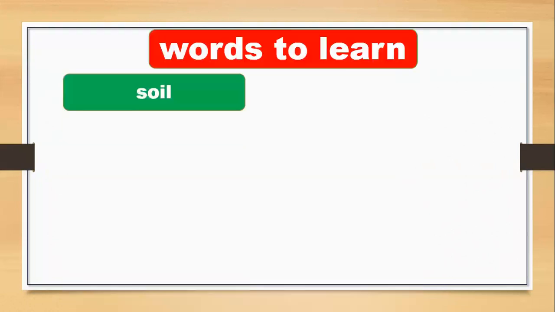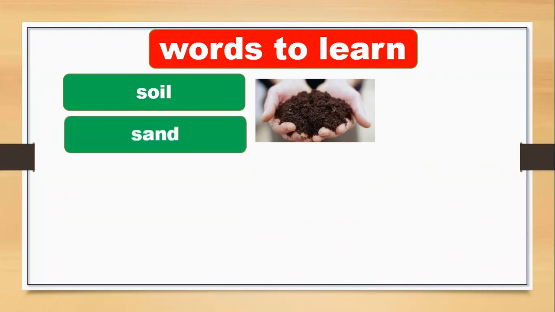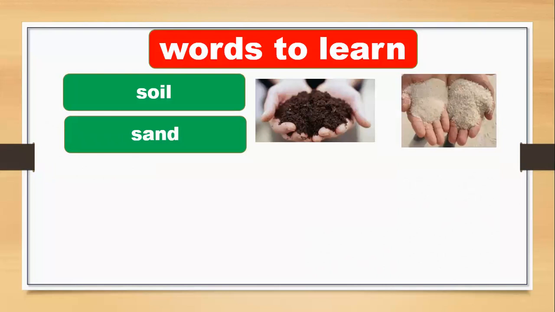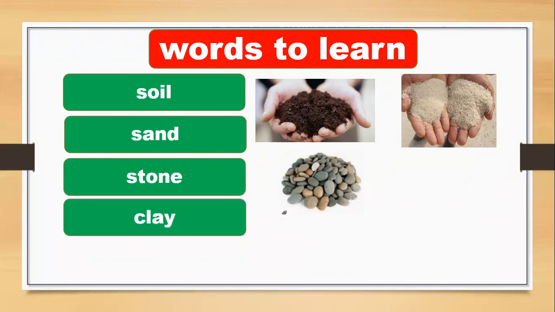Words to learn. Today you learned about soil. Can you see it? Soil you can find around your city. Sand, this soil has sand in it. And stone, look at the stone. And clay, look at the clay. You can stretch it and make everything, you can change it to any shape.